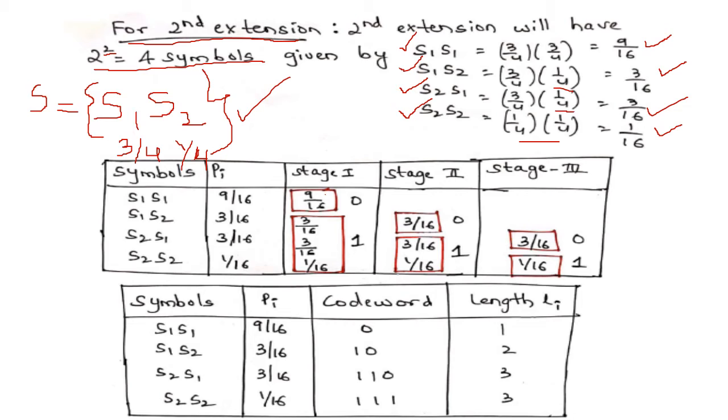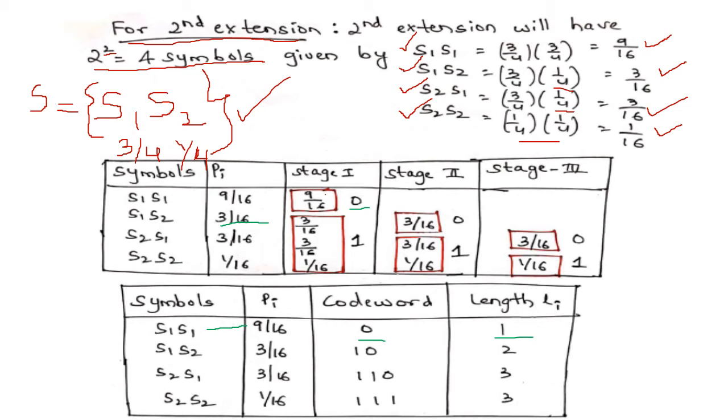So now we'll list out the code words for the symbols and their corresponding probabilities. S1 probability is 9 by 16 and the code word for S1 is 0, and the length is 1 bit. Similarly S2 has a probability 3 by 16.